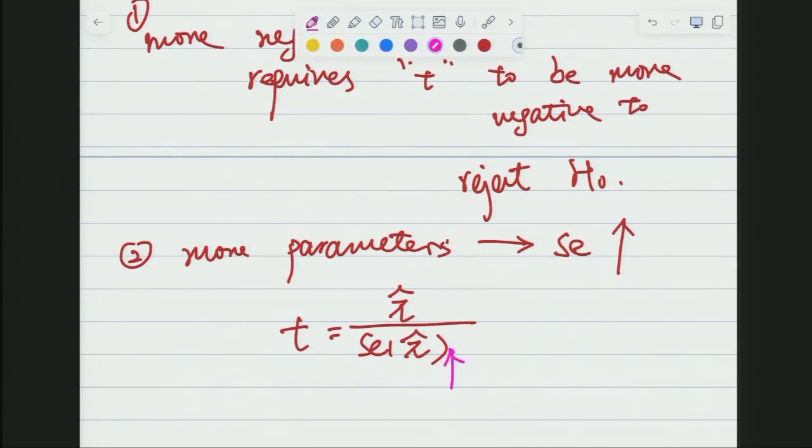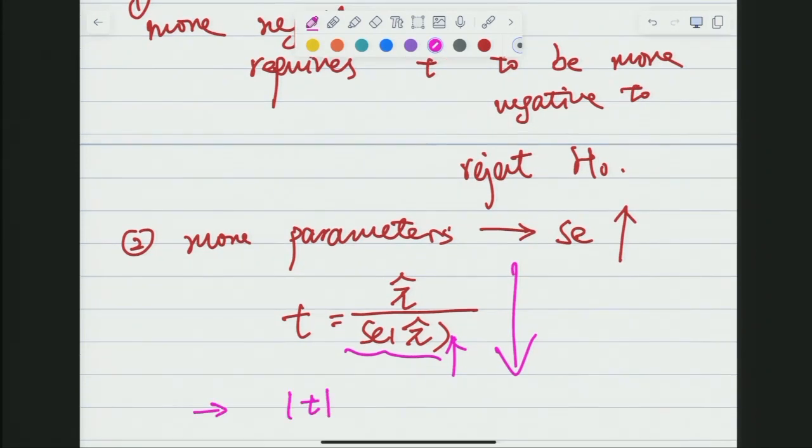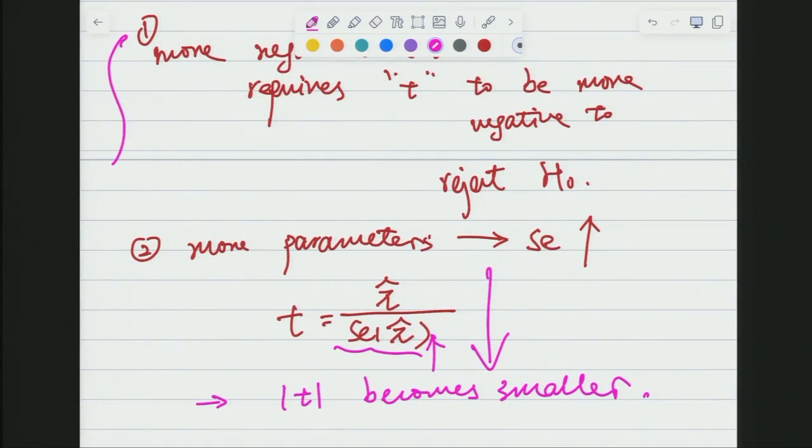The increase in the standard error will lead to a decrease in the t statistic, which means your test statistic will become smaller in absolute value, okay? And therefore, the combined effect of these two would mean that we'll be less likely to reject the null hypothesis when it's actually incorrect, okay? So including unnecessary terms, which is over-specification, will also reduce the test power.